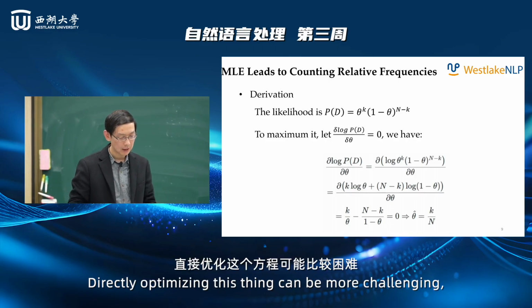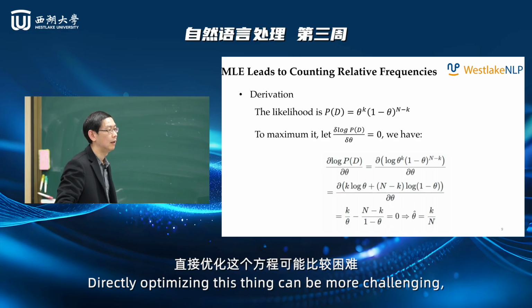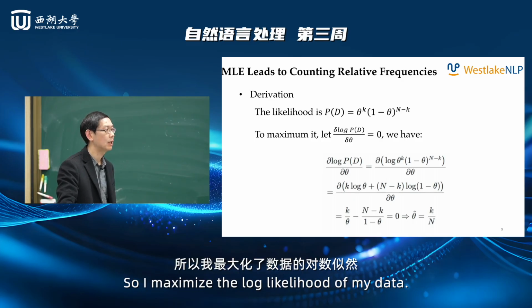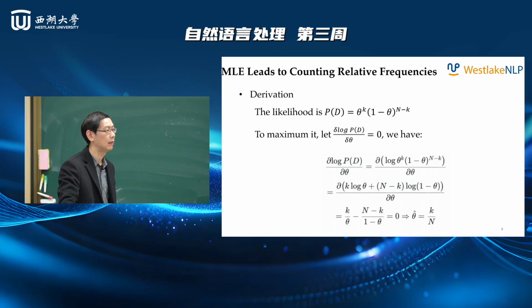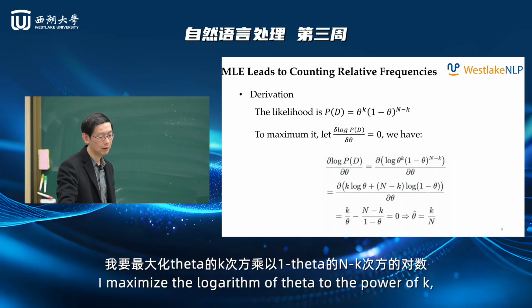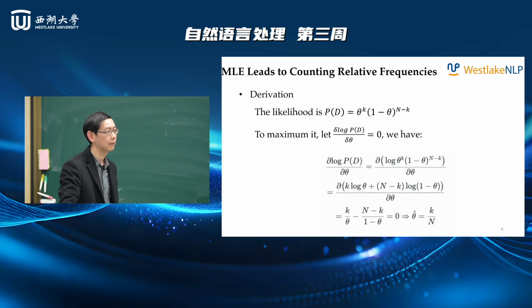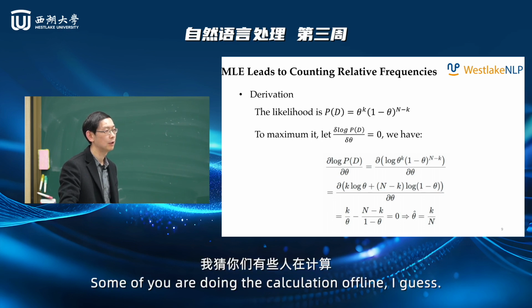Directly optimizing this can be more challenging, but optimizing the logarithm of this is easier. So I maximize the log likelihood of my data. I maximize the logarithm of theta to the power of k times 1 minus theta to the power of n minus k. Some of you are doing the calculation offline, I guess.